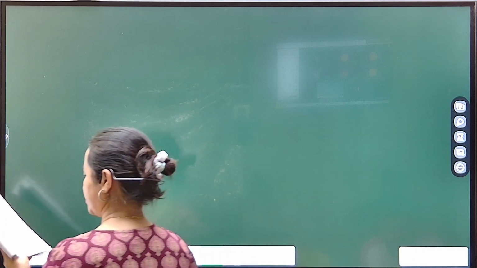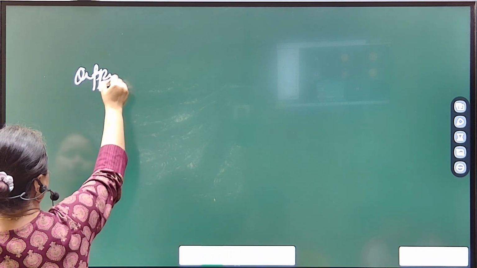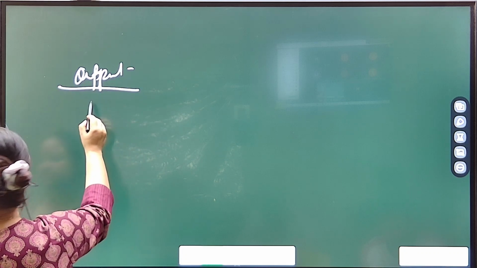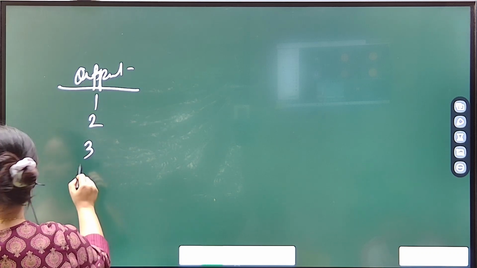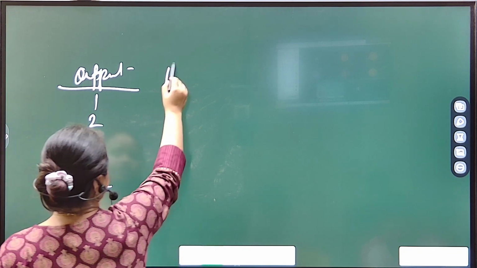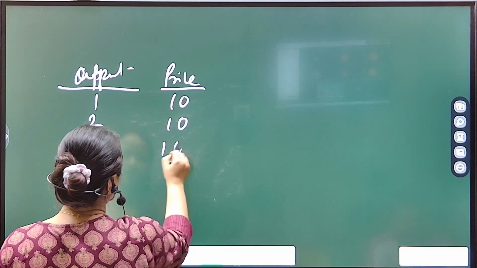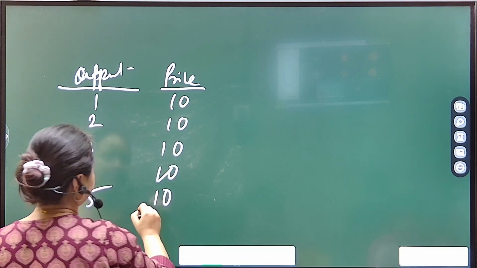Okay. So here there is a question where a few factors are given: 1, 2, 3, 4, 5. Output is given and the price of the product is given. One unit price is given as 10.